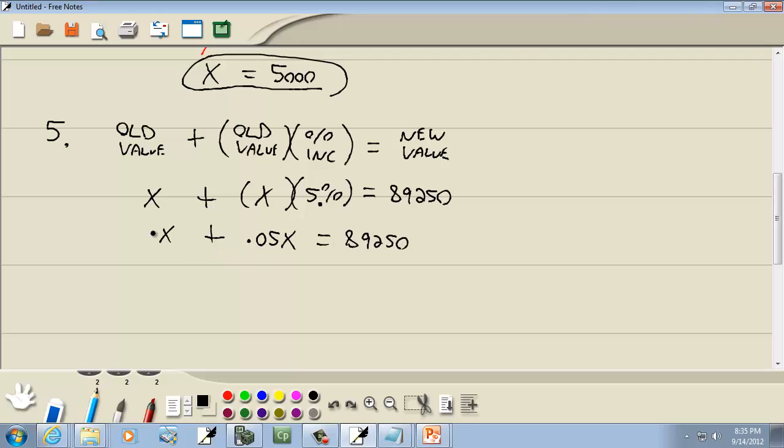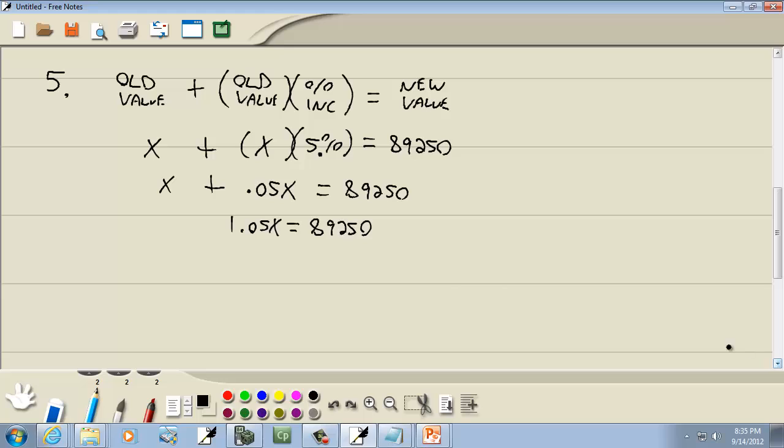Combine together like terms at any step. There's an invisible 1 here, so 1 plus 0.05 gives us 1.05x. Now the last step is divide both sides by the number in front of our x. So we're going to divide both sides by 1.05. And these 1.05s cancel.